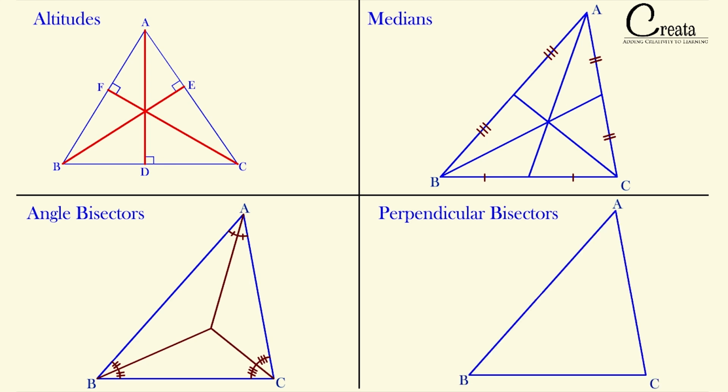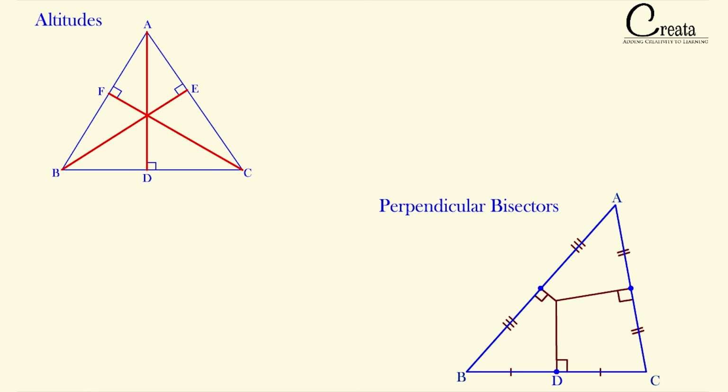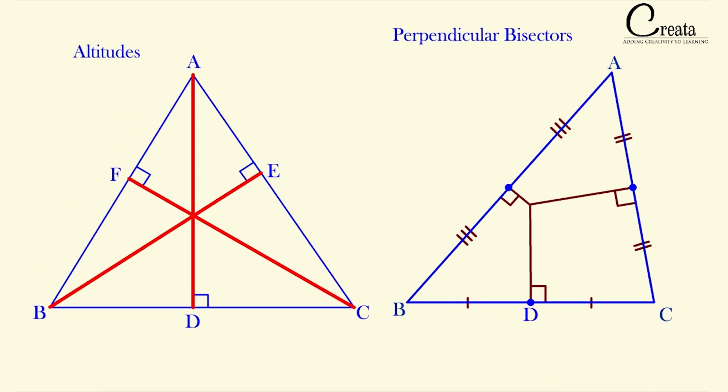And the perpendicular bisectors bisect the sides of the triangle, as well as being perpendicular to the sides of the triangle. The perpendicular bisectors are somewhat similar to the altitudes of the triangle, but there are some differences between them.